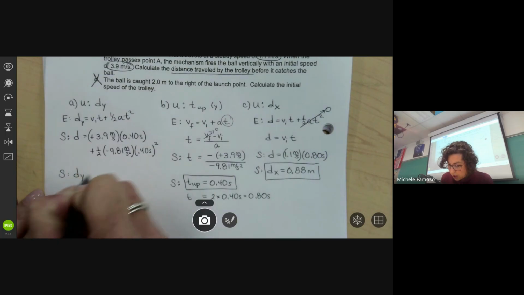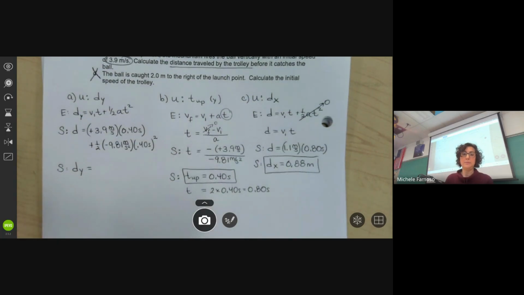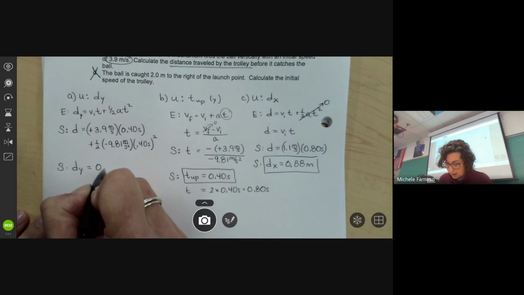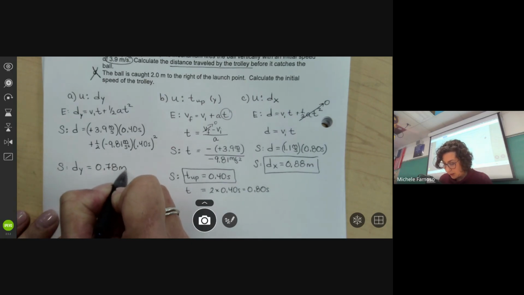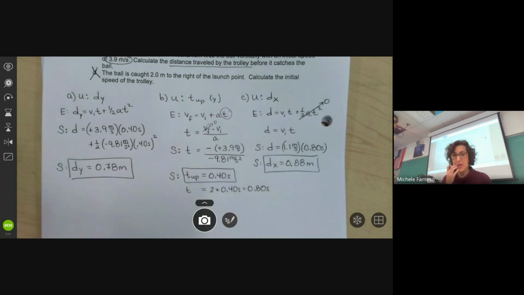All right, let's solve that for the height. Brody, can you tell me what you get for that height? That is correct, 0.78 meters for the height.